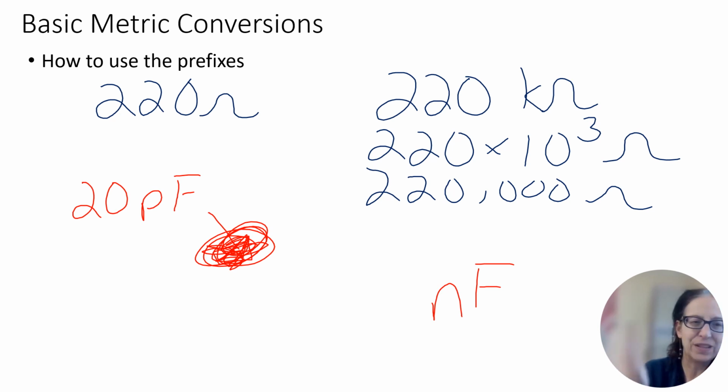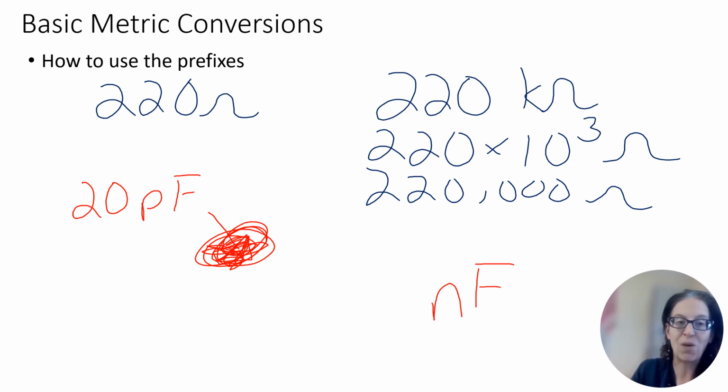So you look at your sheet here. Pico is 10 to the minus 12th. Nano is 10 to the minus 9th. So you're going to move the decimal point 3 places, because they're 3 decimal places off from each other. And the nanofarad is the bigger unit, so it should have a smaller number, because the bigger the unit, the less of them you need in order to measure what you're trying to measure.